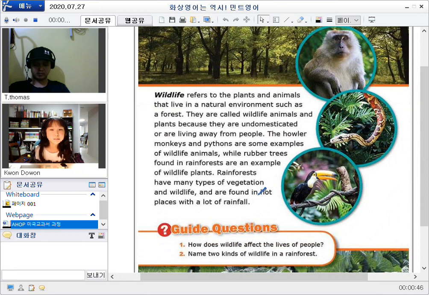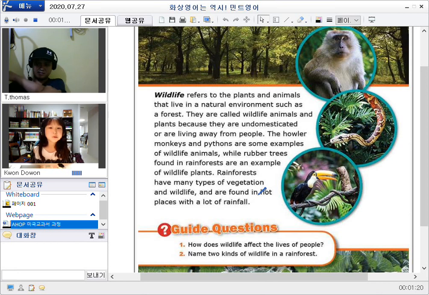Wildlife refers to the plants and animals that live in the natural environment, such as a forest. They are called wildlife animals and plants because they are undomesticated. Monkeys and pythons are undomesticated or are living away from people.